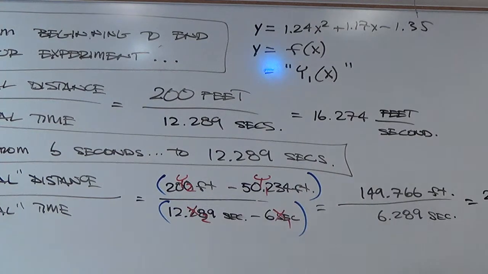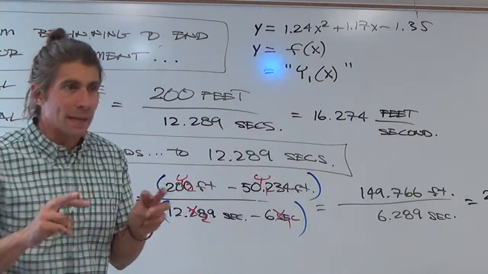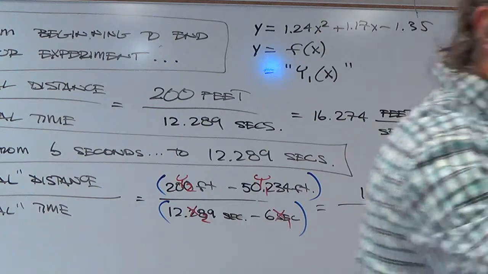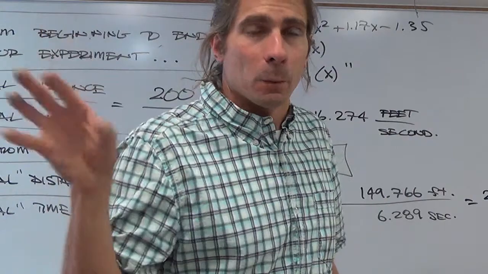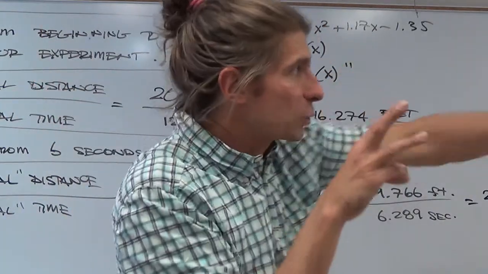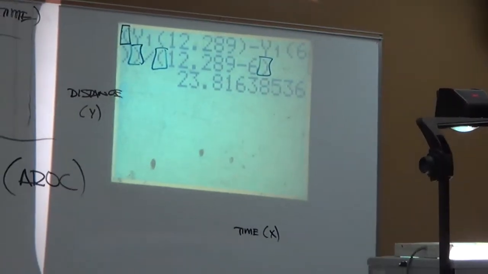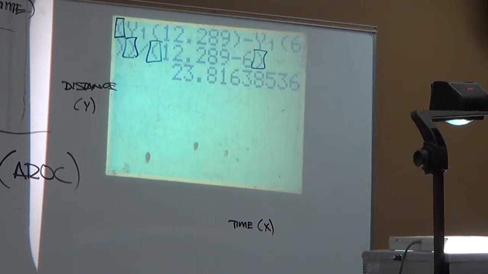Cool so far? Now, this is where it gets TI easy. And I say easy, I don't mean easy. I mean TI, you have to think like a TI talks in TIs, which is not easy. The first one, Y1 parentheses 12.289, you're asking the TI what Y value exists when X is 12.289.